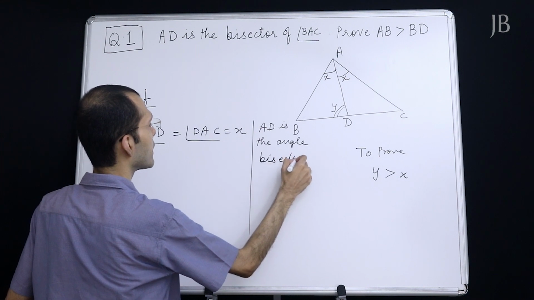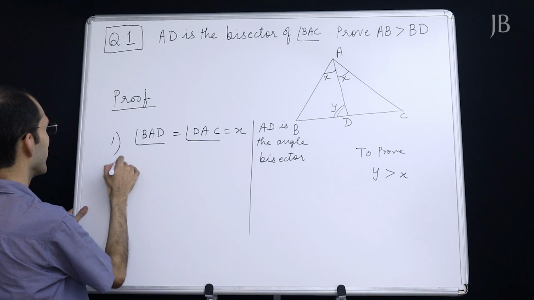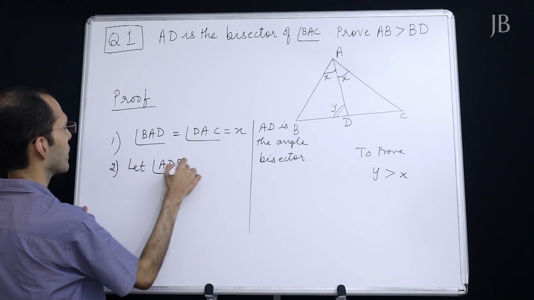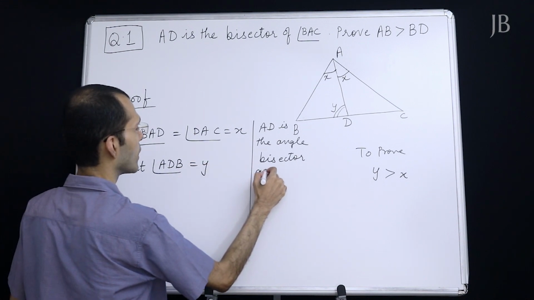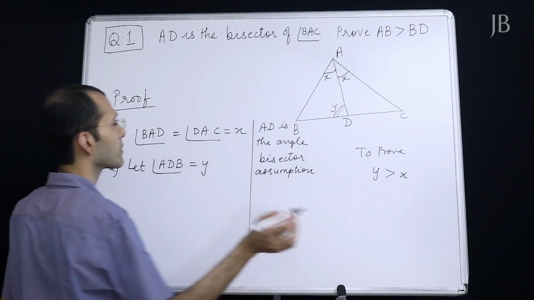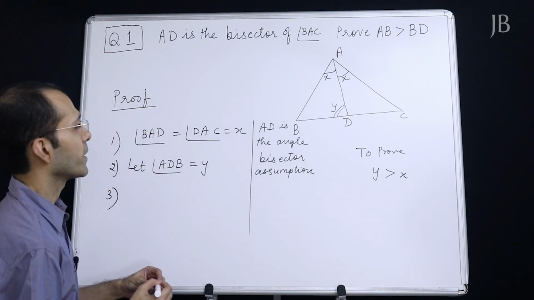Fine. Then let angle ADB be Y. Assumption. No harm. We can't take it as X, but we can take it as Y, some other thing.